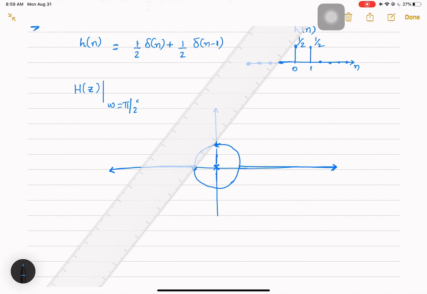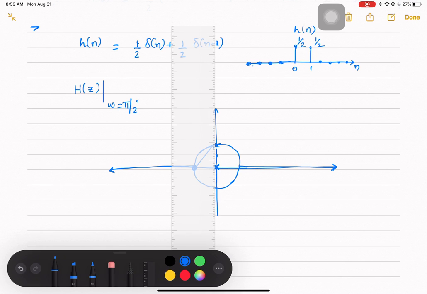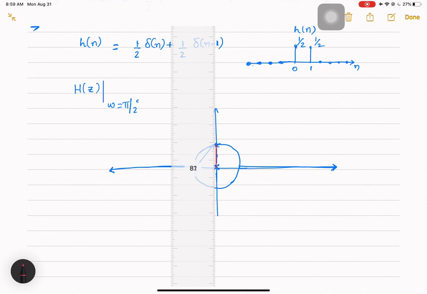Okay, so I'll tell you how this theory comes. So this is the vector from the zero to that point, right? And this is a vector from the pole to that point.